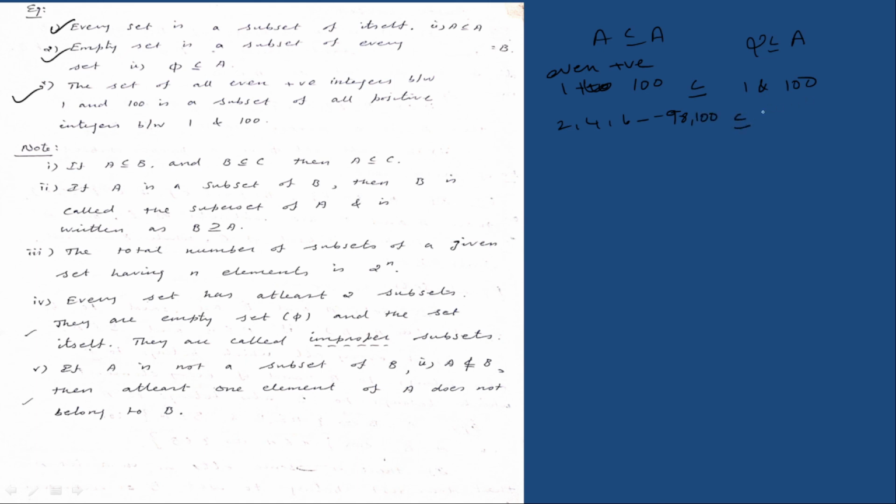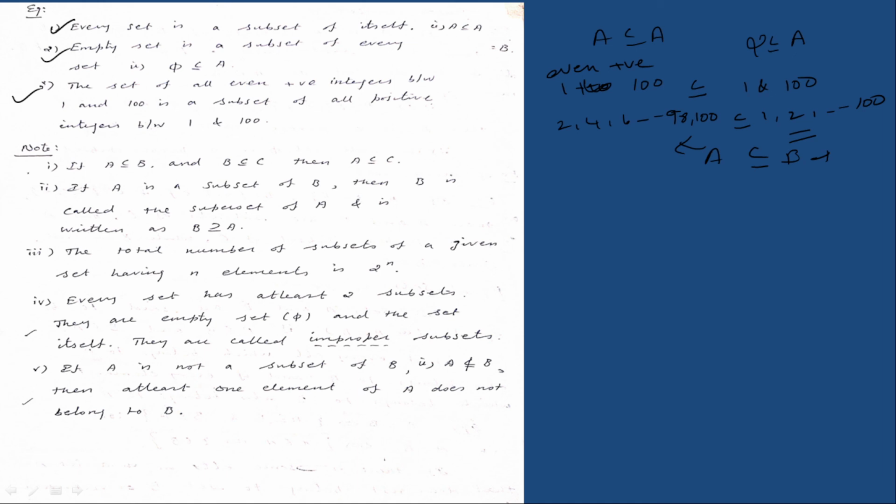It is a subset of 1, 2, 3, up to 100. It consists of only even numbers, no odd numbers, whereas the other consists of both even and odd numbers. If you take this as set A and this as set B, then A is a subset of B. Here A represents the set of even positive integers between 1 and 100, and B is the set of all integers between 1 and 100.